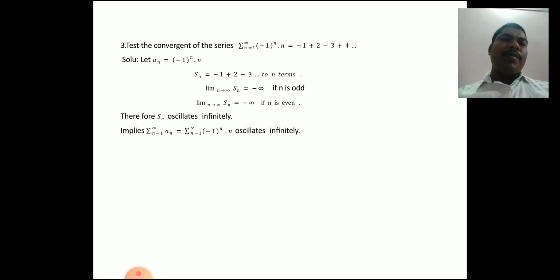So therefore Sn oscillates infinitely between minus infinity and plus infinity. Therefore summation n is equal to 1 to infinity an, which is equal to summation n is equal to 1 to infinity minus 1 raised to n into n, oscillates infinitely.